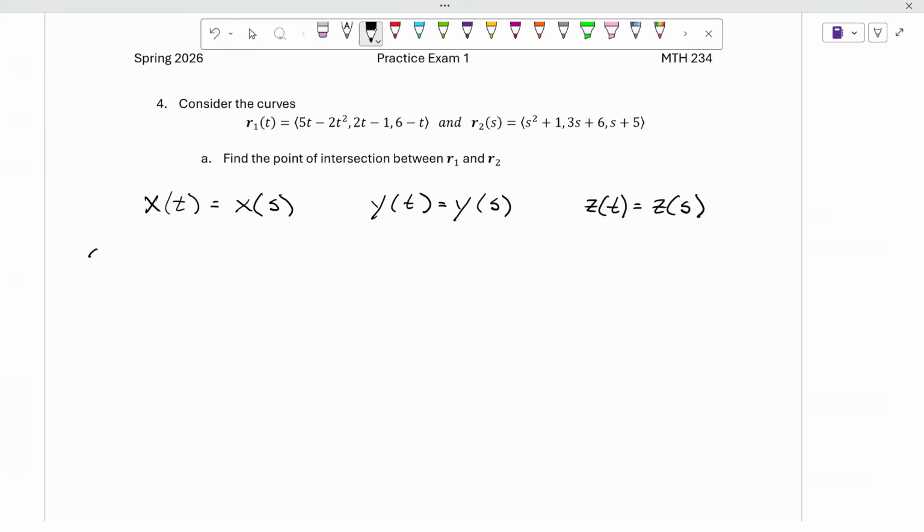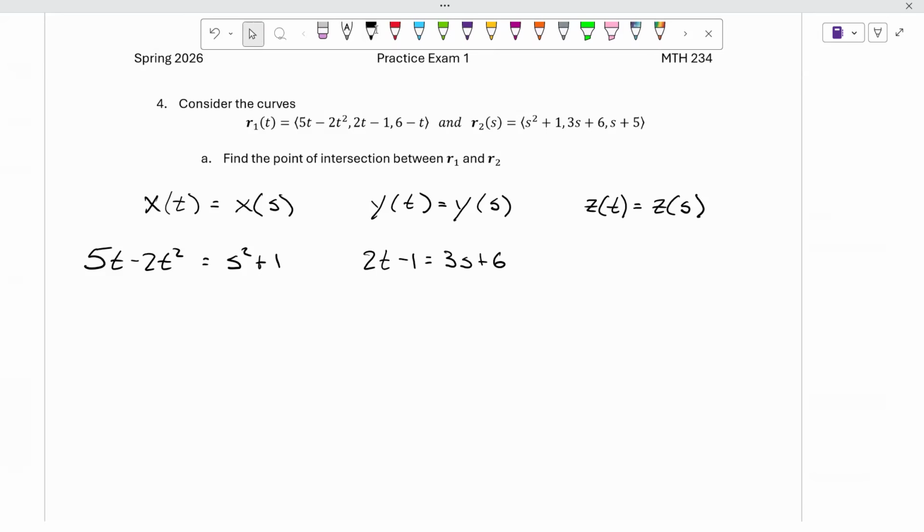So on the one side, 5t minus 2t squared is equal to the other side, s squared plus 1. In the middle, 2t minus 1 is equal to 3s plus 6.